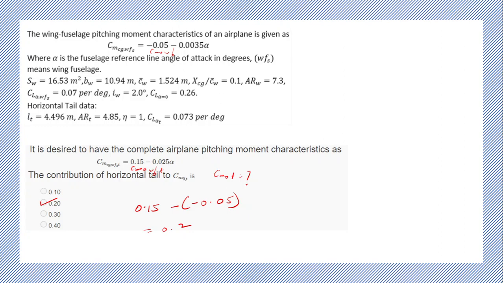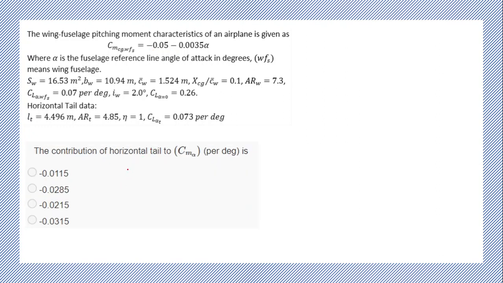So this was CM alpha whole. Similar to the previous case. So your CM alpha tail is nothing but CM alpha of wing fuselage tail minus CM alpha of wing fuselage.